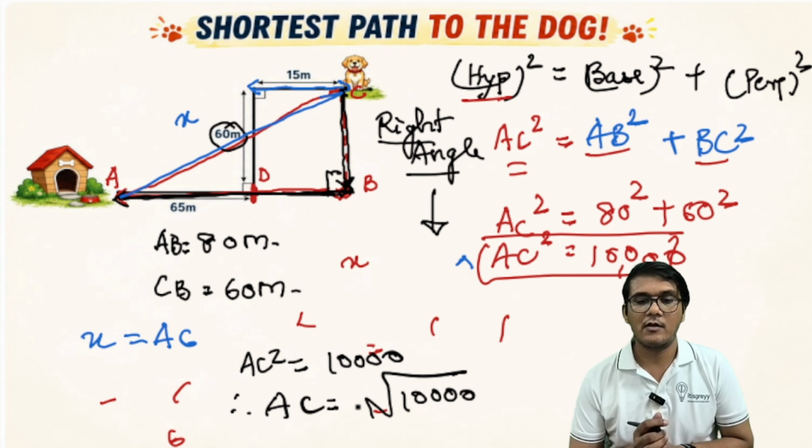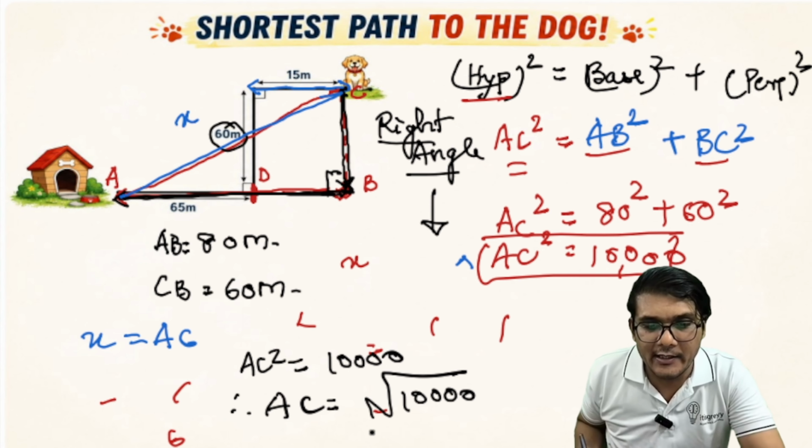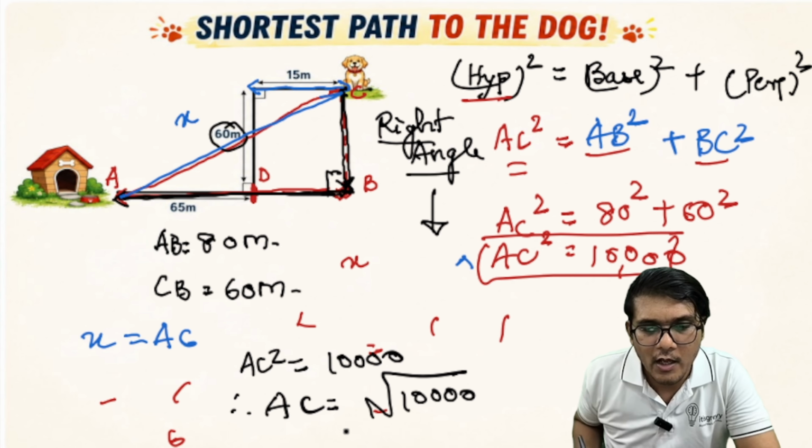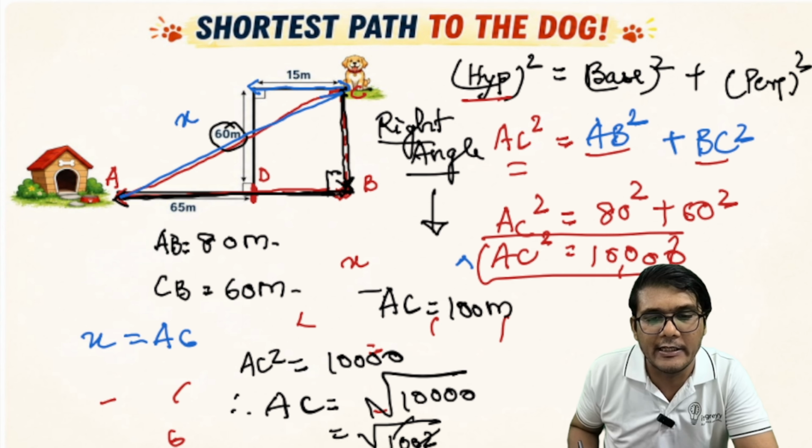So under root of 10,000 is what? Basically, it is 100. So 100 into 100, I can write this. Let me show you. This also gives me under root of 100 square. So root and square get cancelled. So I get to know that AC is equal to 100 meters.